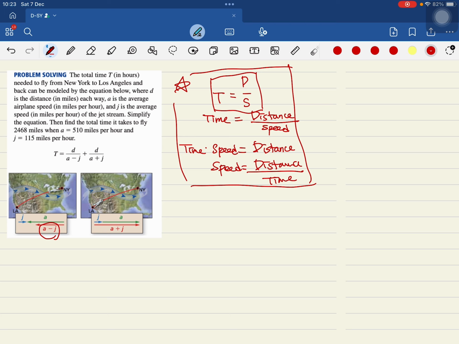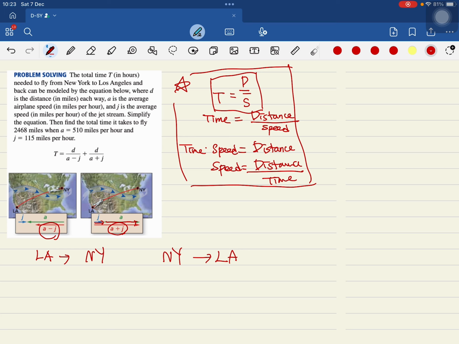So this is A minus J. But in the same direction, even without doing anything hard, it can still go faster.